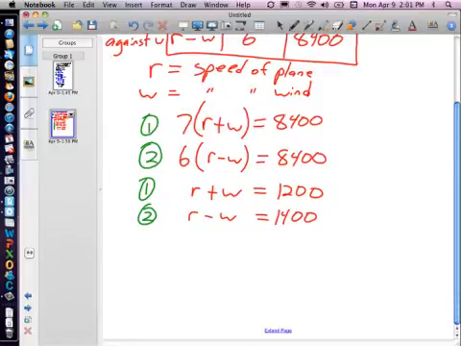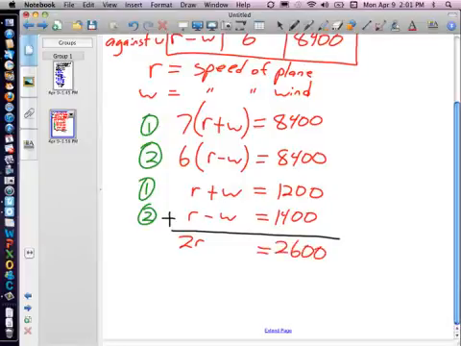All right. So now equation 1 and 2 look like this, which is an obvious point for elimination. We can either add or subtract because the coefficients are the same either way. I find addition to be a little easier, especially when dealing with opposite signs. So R plus R is 2R, W plus negative W is 0, and then 1,200 plus 1,400 is 2,600.